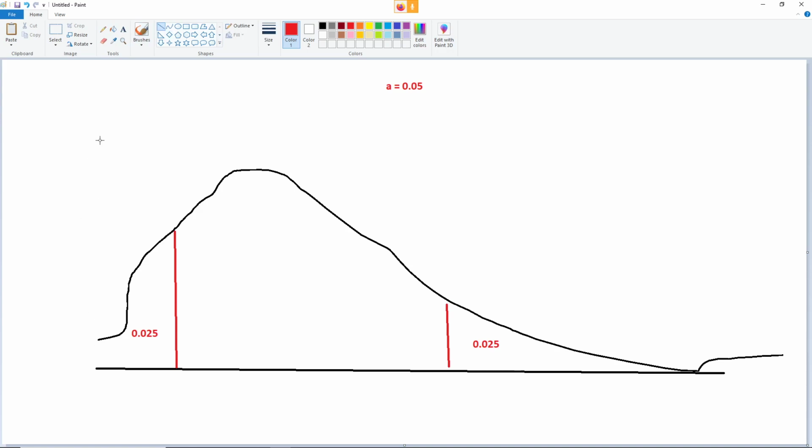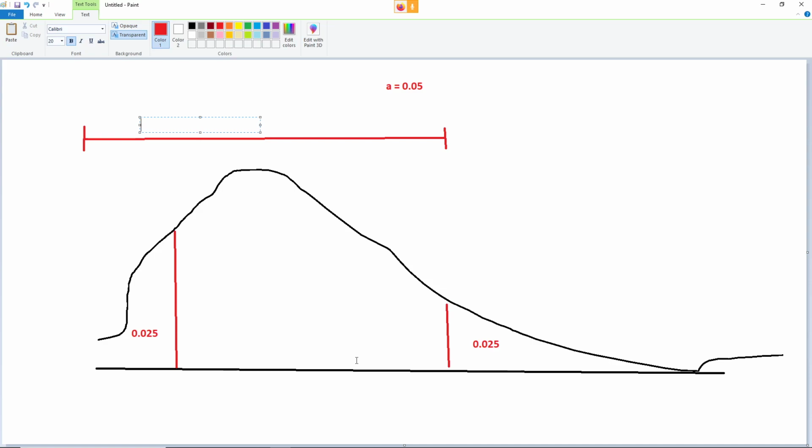From here to here, you have 1 minus 0.025, which is equal to 0.975.